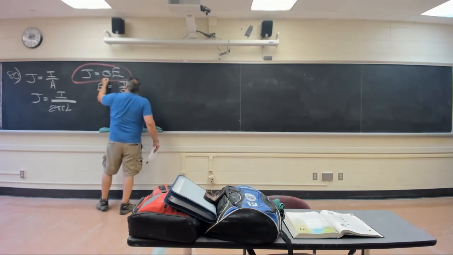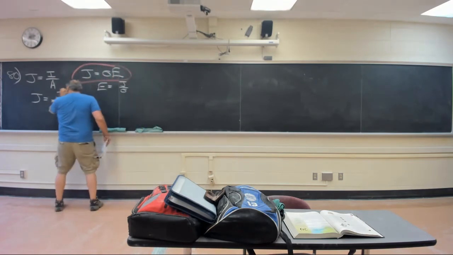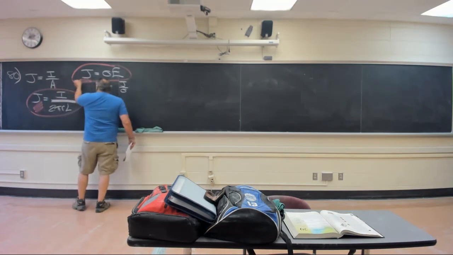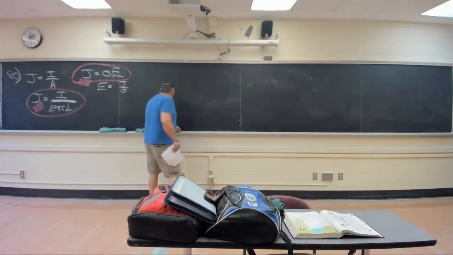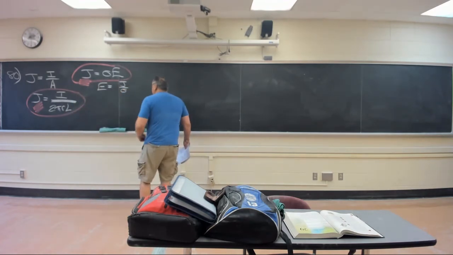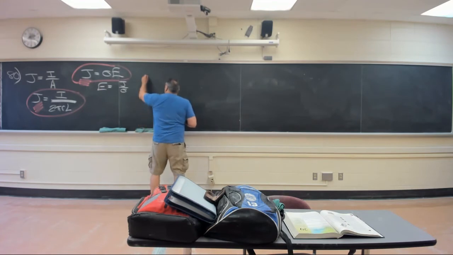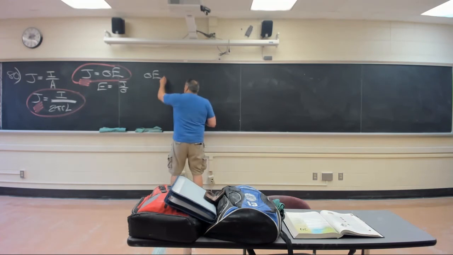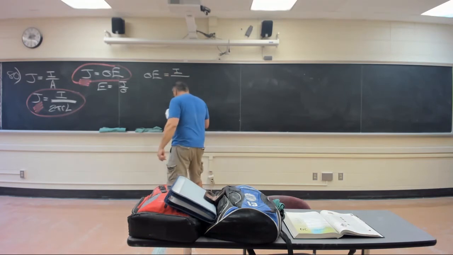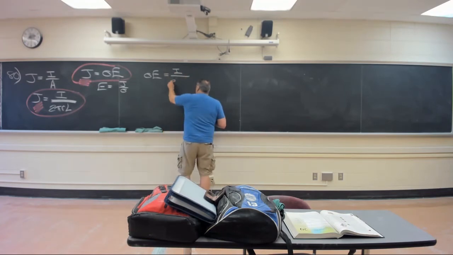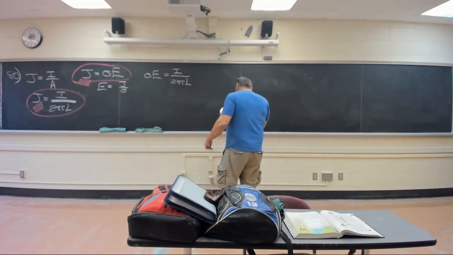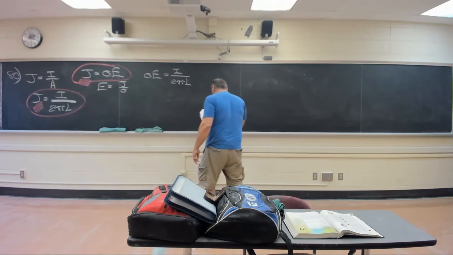If J equals sigma E, and if J equals this, and of course we're talking about the same J in both equations, J equals J. We got sigma E equals I over 2 pi r L. Sounds good, sure. What does that mean?